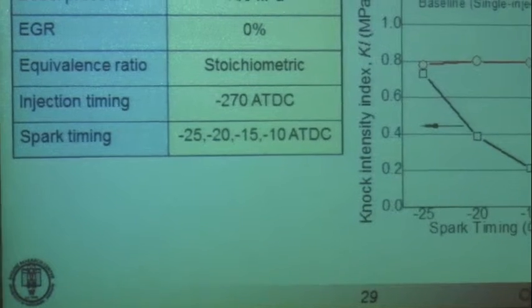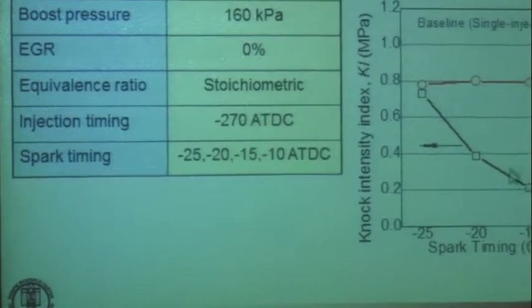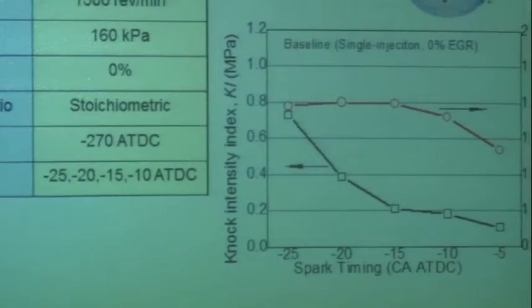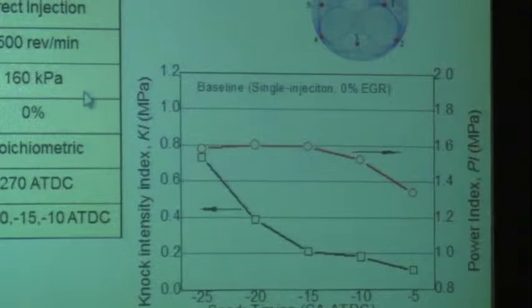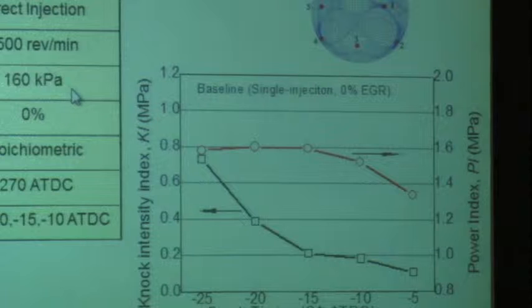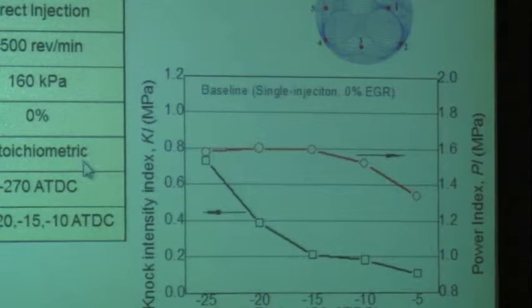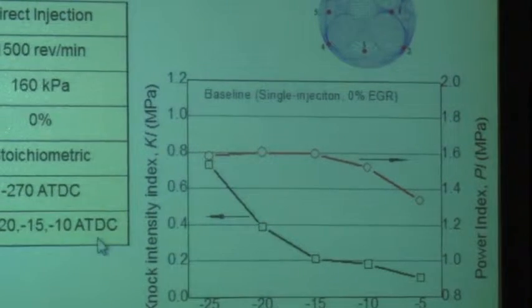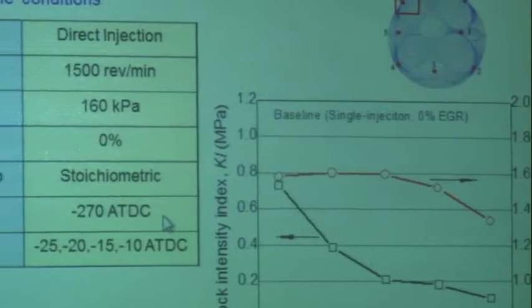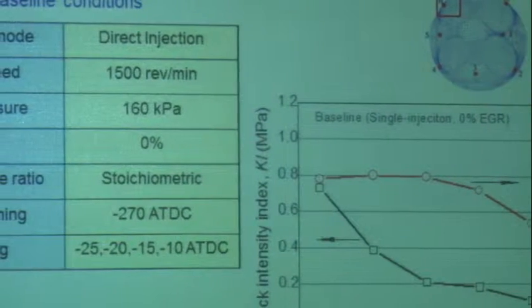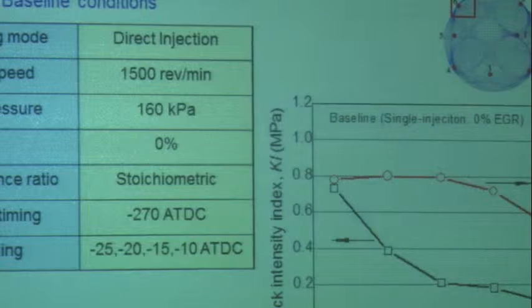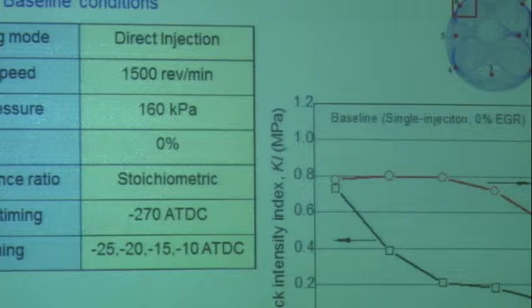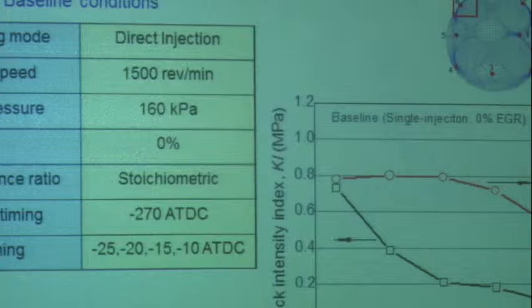So this plot here shows what's happening. In this case, it's a direct injection engine operating at 1500 RPM. It's turbocharged or boosted, stoichiometric combustion, overall stoichiometric. That means that there's been plenty of time with the early injection to create a more or less homogeneous mixture in the combustion chamber, even though it's direct injected.